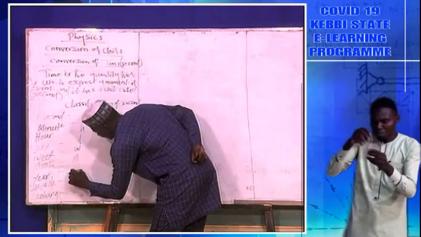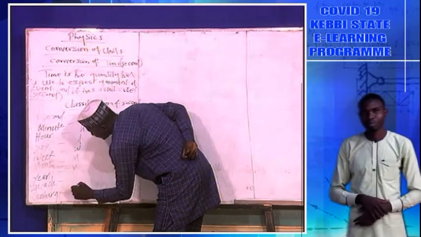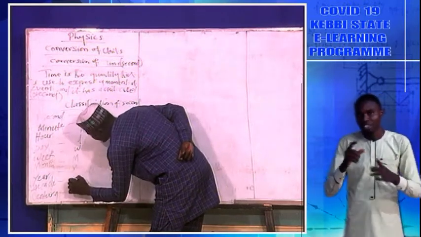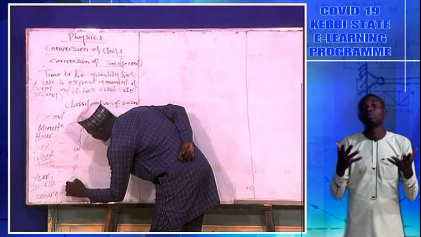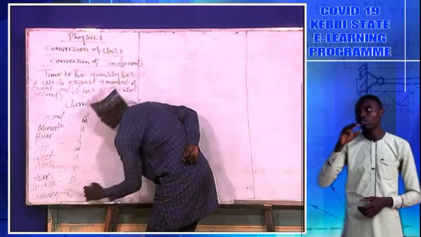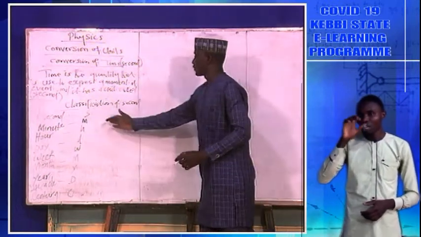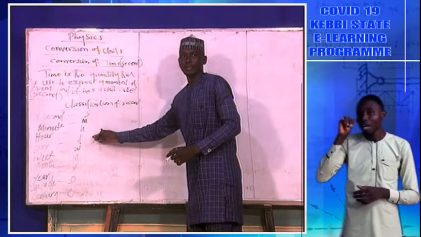A year, Y. Then decade, let us use capital D for decade. Then the century, let us say C. So these are the classifications of the second.